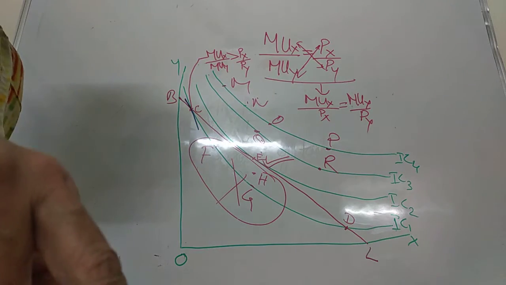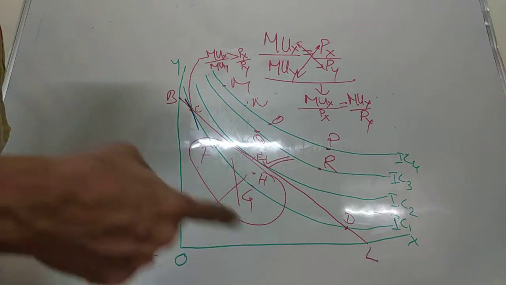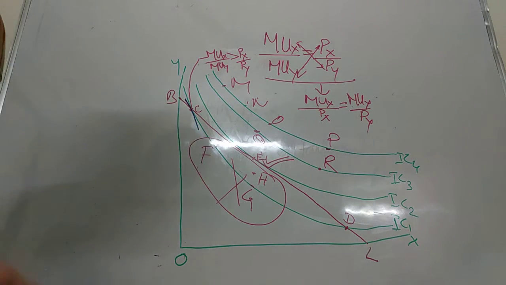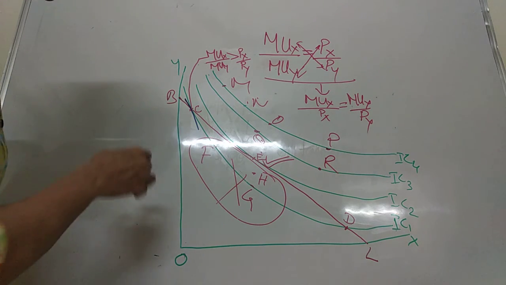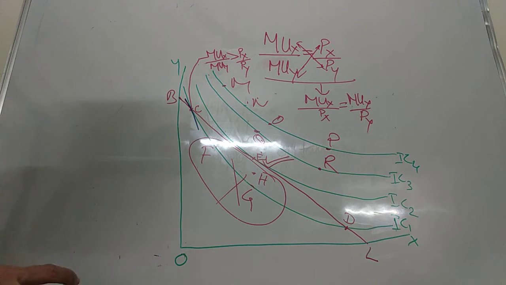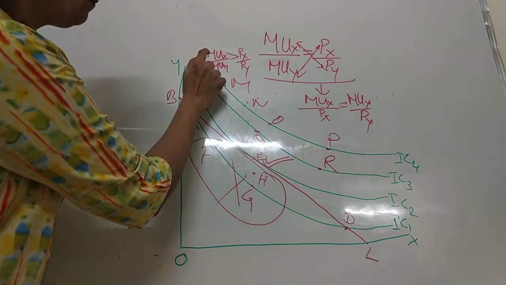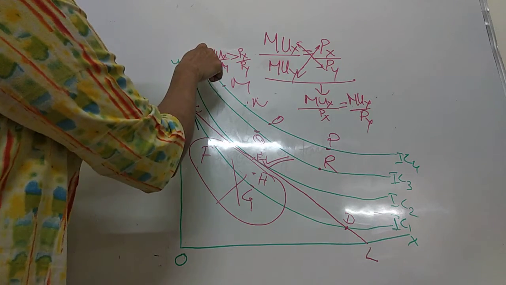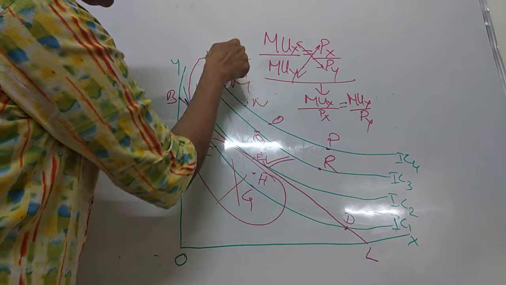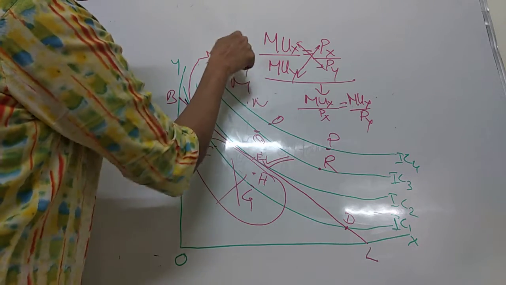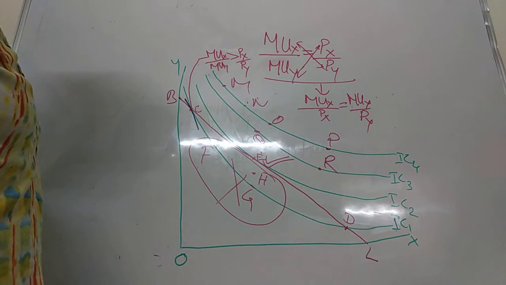MUX upon MUY is greater than PX upon PY, which means that the slope of the IC is greater than the slope of the budget line. It also means that the marginal utility of X is greater than what the consumer is paying for X, right?